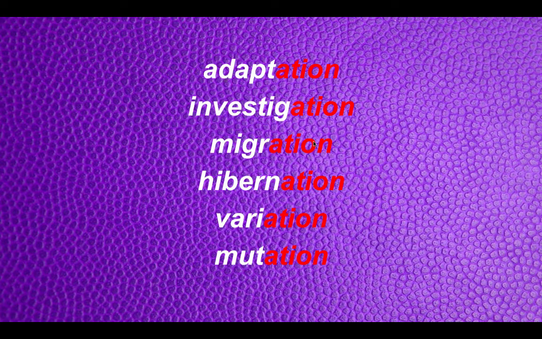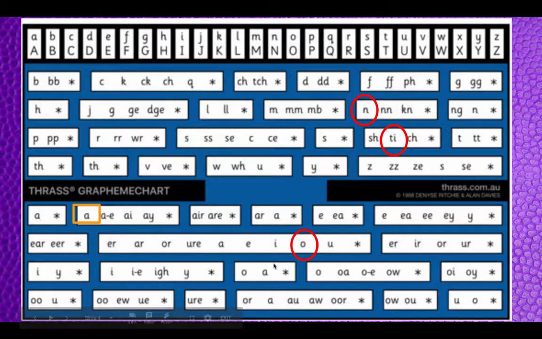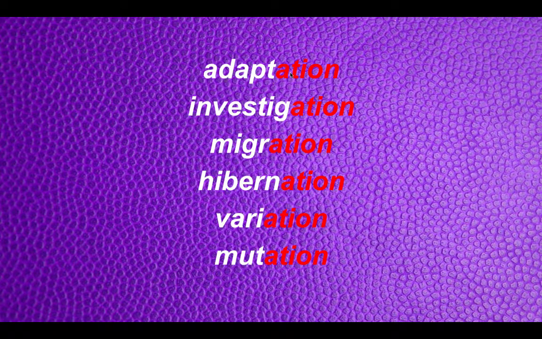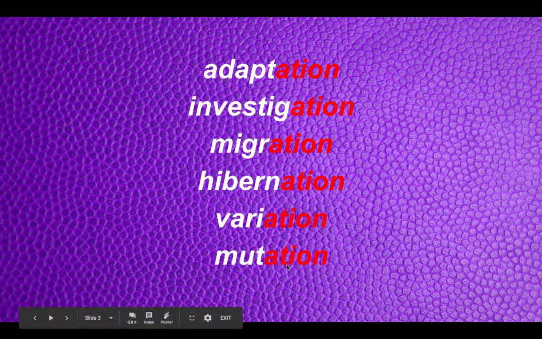And we also, as you can see, prior to the shun sound in all of these examples, we have another vowel sound, and it's actually this A sound here that comes from the A box. It's made with a simple grapheme, the grapheme choice of the letter A, and it actually makes a long vowel A sound as well. So here are all of our words with ation at the end.